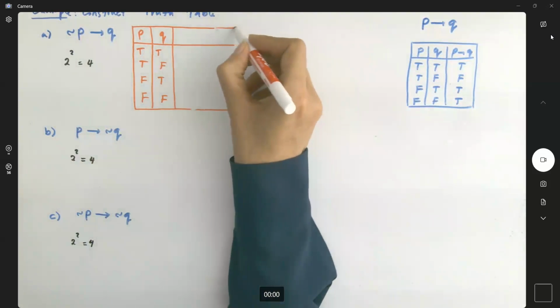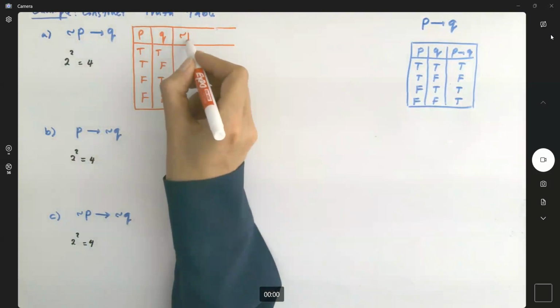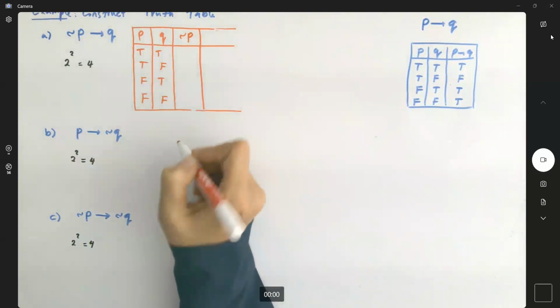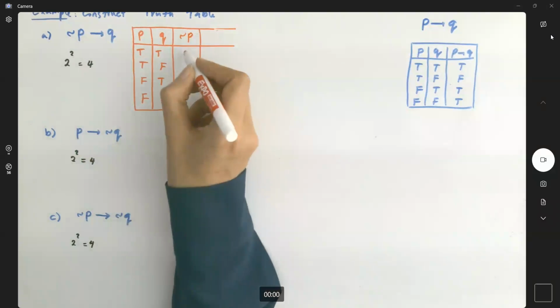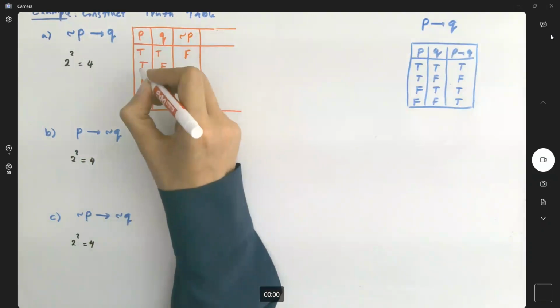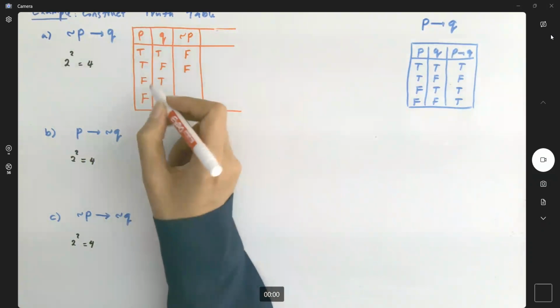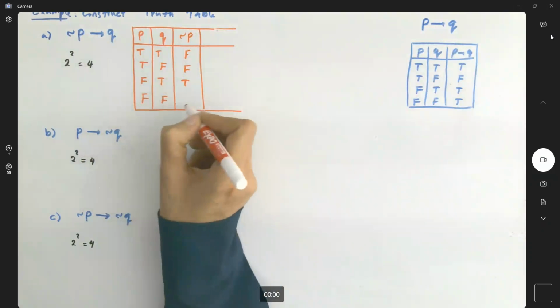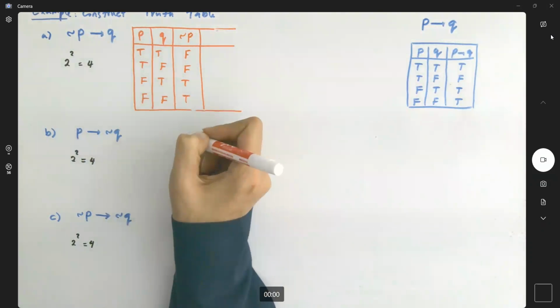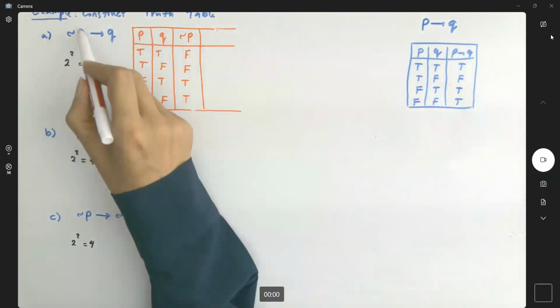What is the negation of P? Here, P is true, the negation of true is false. P is false, the negation of false is true. Now I'm done with not P.